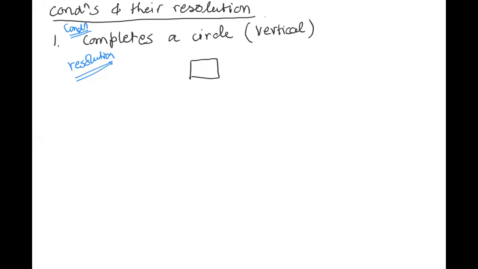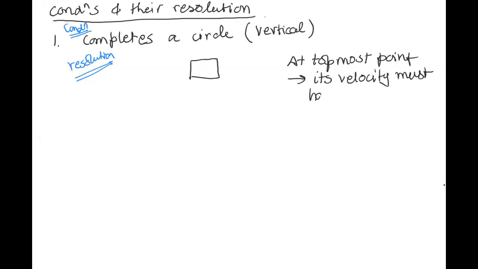So resolution is that at the topmost point, very good Anish, yes, at the topmost point, its velocity must have minimum magnitude for circular motion.